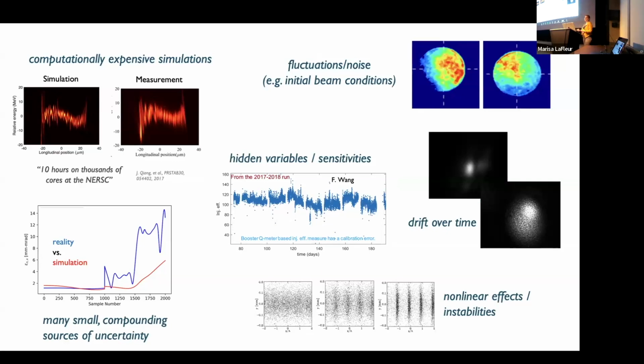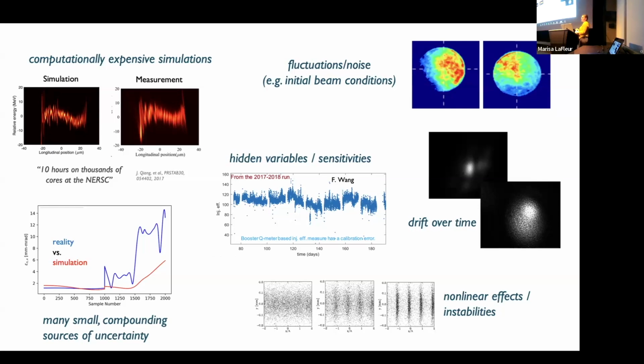And in trying to do this, there are a number of external factors that make it more difficult, as well as just the intrinsic nature of the problem. So ideally, if we had a nice model of the system, we could build a digital twin and predict easily and quickly what the behavior was going to be, and we can set up experiments that way. However, the simulations that give us the full detail of the beam take many hours on a supercomputer to produce.